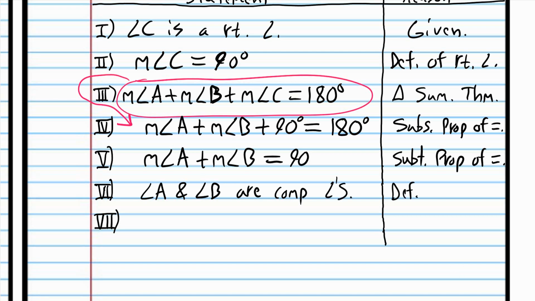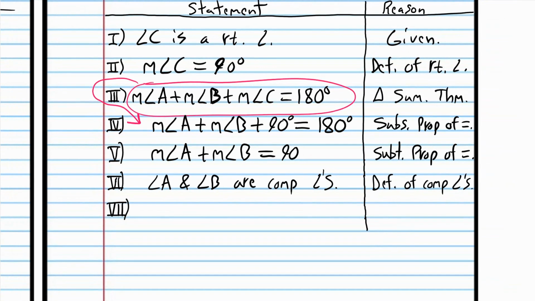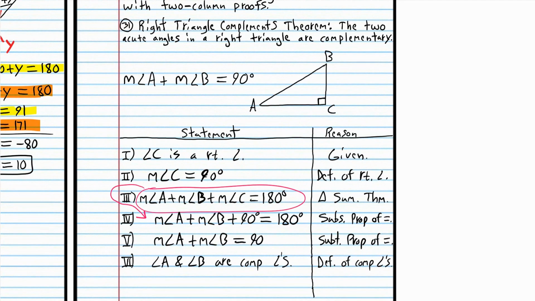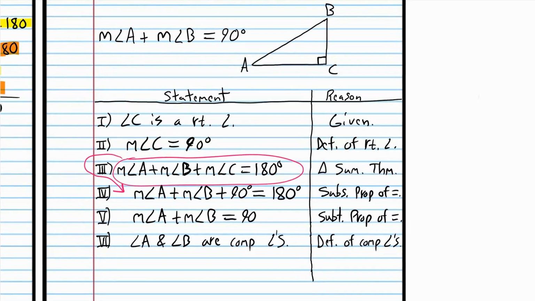That's the definition of complementary angles. So we proved the theorem. We don't need that last step there. So we proved that if you have a right triangle, the two acute angles, meaning the angles other than the right angle, must always add up to 90 degrees. And we use the Triangle Sum Theorem to prove that.